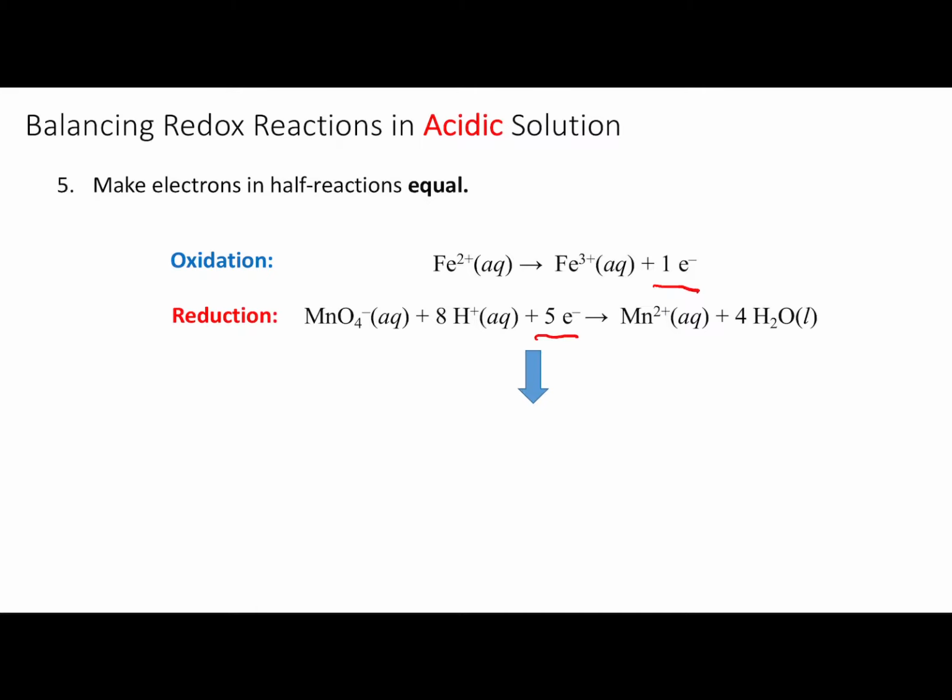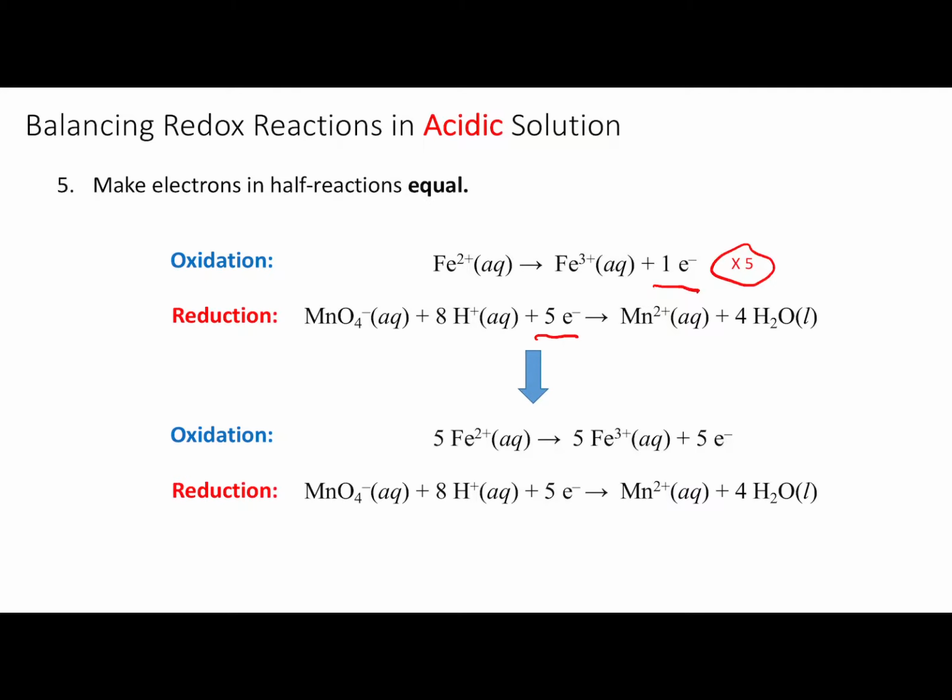So we must multiply the top reaction by 5 so that we get 5 electrons lost in the oxidation process. When you do that, you end up with the oxidation half reaction being 5 Fe2 plus yields 5 Fe3 plus plus 5 electrons. Note, the reduction half reaction does not change.